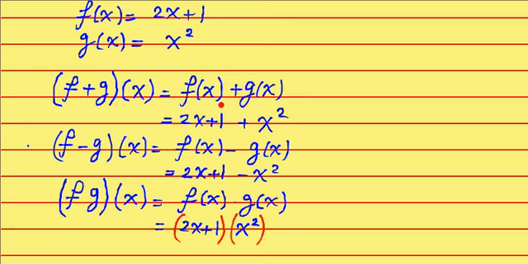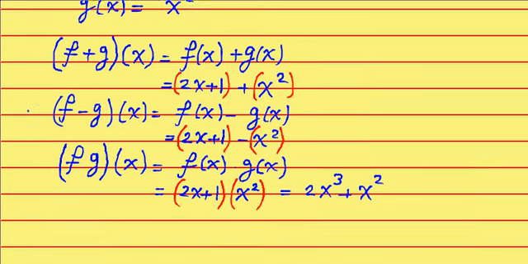If you wanted to add them, it would be safe, also unnecessary. With subtraction also, this was correct, but if you put it in parentheses, you are a lot safer. Here, without the parentheses, you will have an incorrect answer. So let's go ahead. 2x times x squared is 2x cubed. 1 times x squared is just x squared, and we are done.